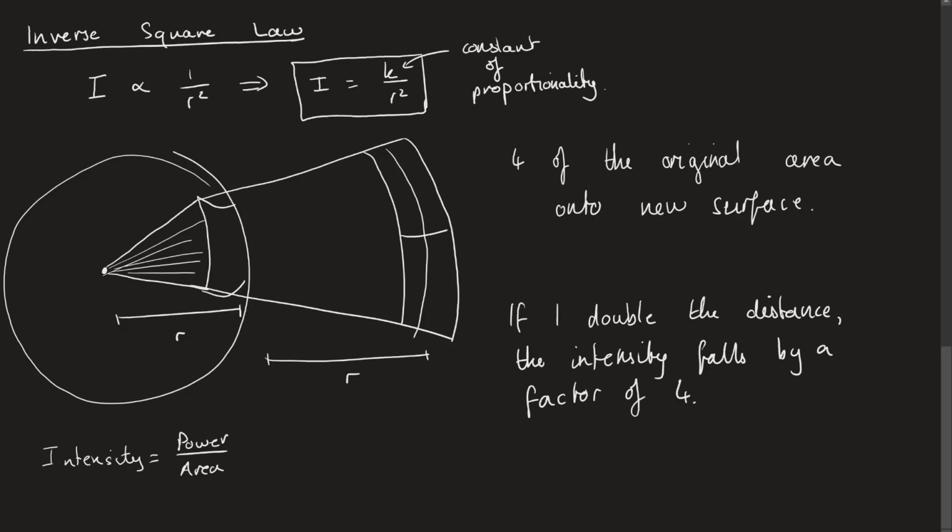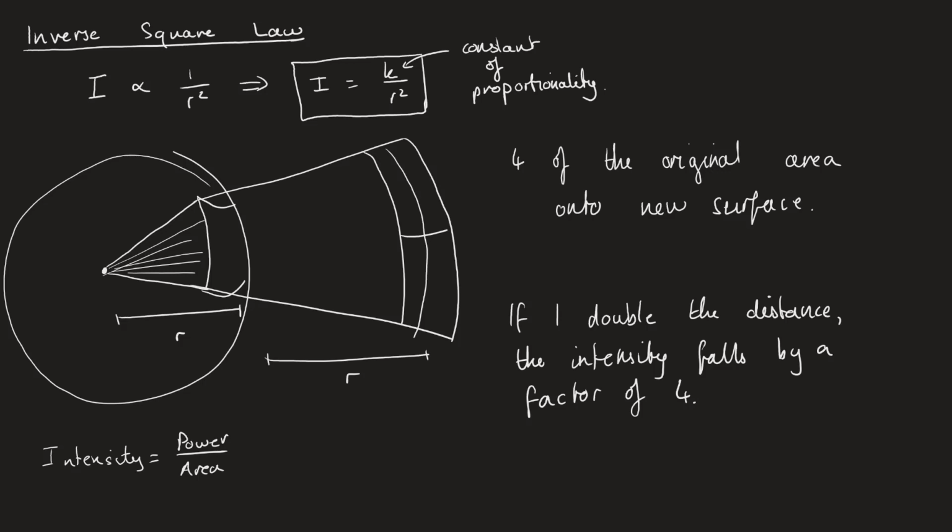Okay, now obviously it's not only if I double it, obviously if I times the distance by 4, then I'm decreasing the intensity by a factor of 16, because that would be 4 squared, and so on. So it means that actually the further you are away from a gamma source, the safer you are, because even though you're probably most definitely being hit by gamma rays right now, you're not going to absorb the same amount of energy.